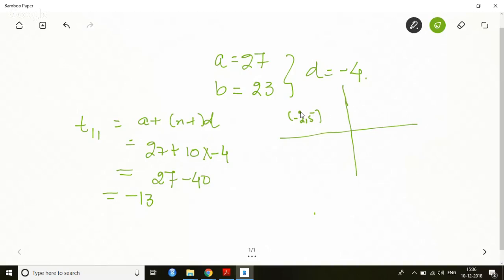Nearest to the point means from this point I draw a perpendicular to the y-axis. So this is the point on the y-axis which is nearest to this point. What is the y value here? 5. What is the x value on the y-axis? That is 0. So 0, 5 is the answer. Now question 5 I need to do.